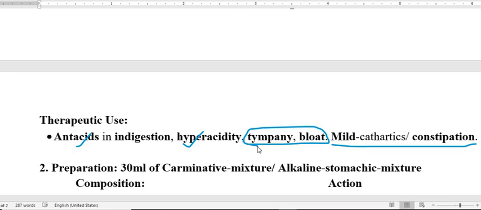Carminatives are those agents that remove the gas from the GI tract, whereas antiflatulents relieve the gas formation.